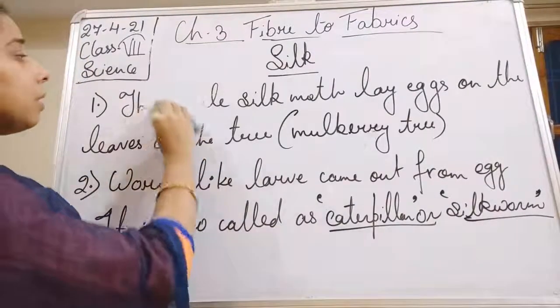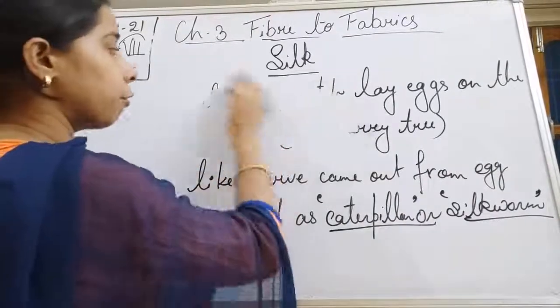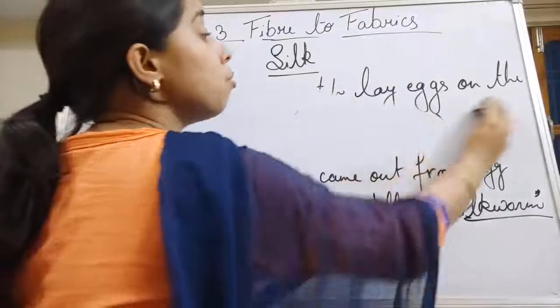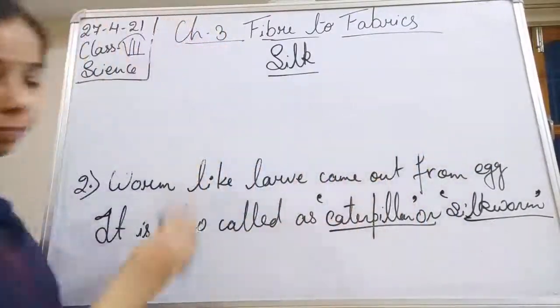Now what happened? This silkworm fed on mulberry leaves. So it used to eat the mulberry leaves in order to grow and develop.